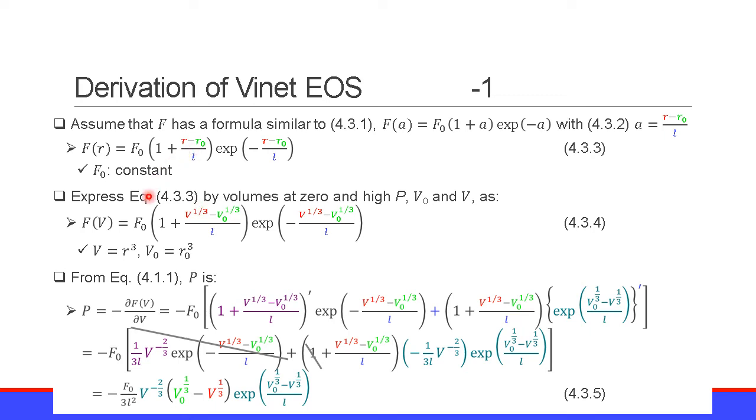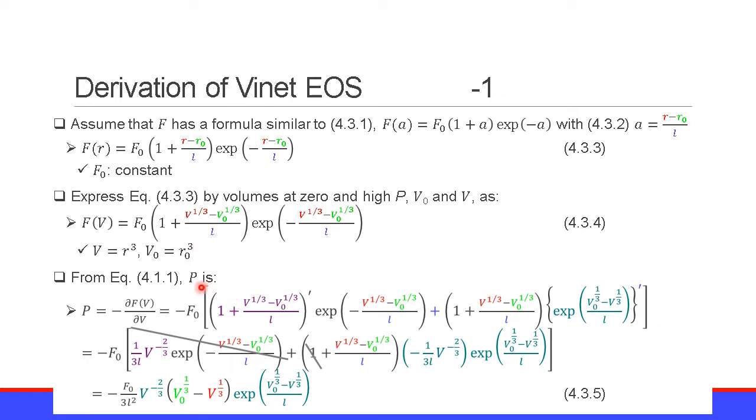Then we express the Helmholtz free energy as a function of the volume as F0 times 1 plus (V to the 1 over 3 minus V0 to the 1 over 3) over L, where V is the volume at high pressure and V0 is the volume at ambient pressure, times the exponential function of minus (V to the 1 over 3 minus V0 to the 1 over 3) over L. Here we replace V by R cubed and V0 by R0 cubed.